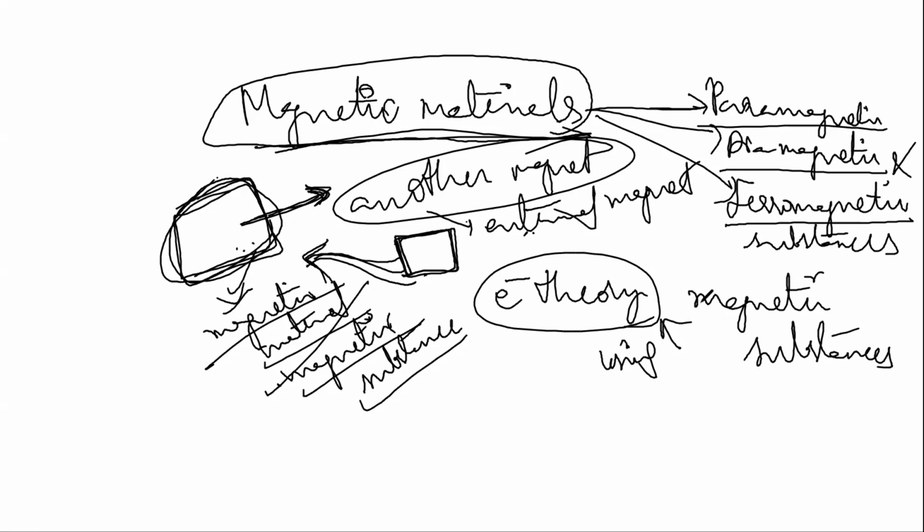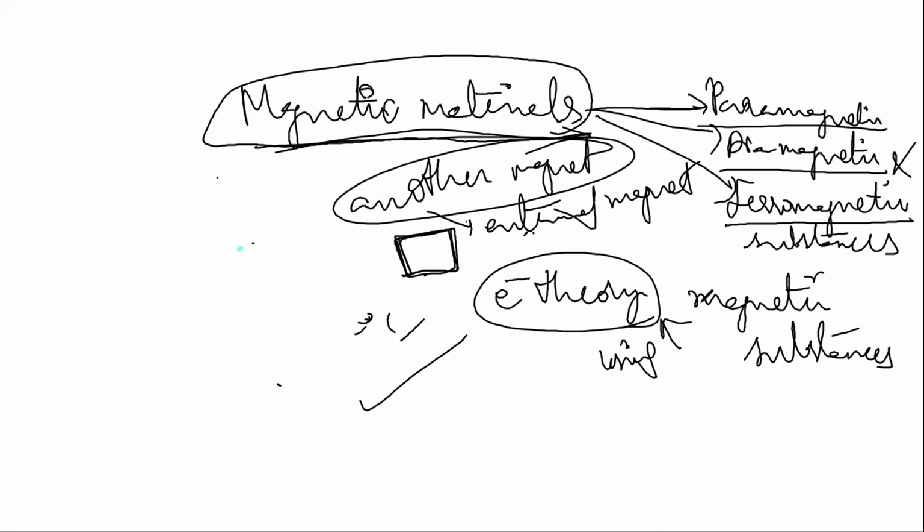You know that matter is made up of atoms, right? In an atom we have the nucleus, which is positively charged, at the core, the center of the atom, while electrons are negatively charged particles revolving around the nucleus.